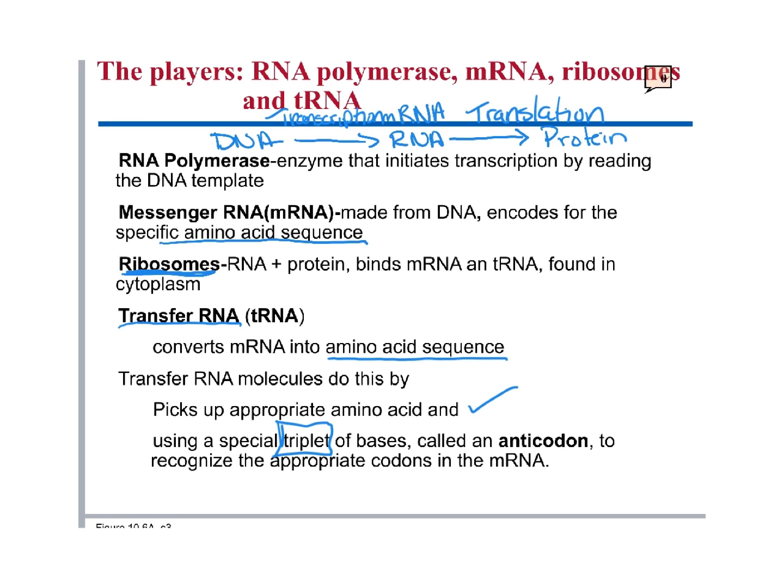And those triplet bases are going to be matched up to a location on the tRNA called an anticodon. So a triplet, let's say, has the base sequence AUG.